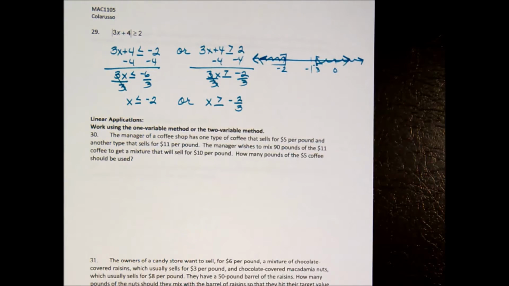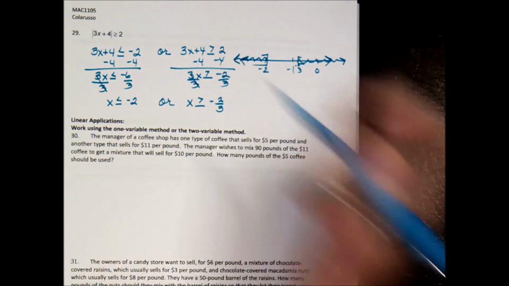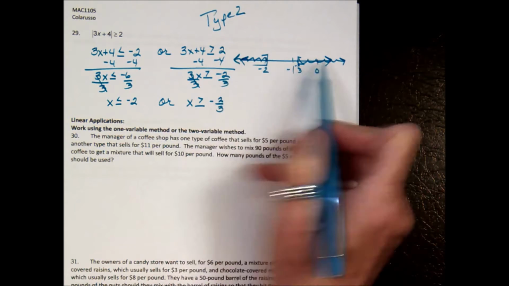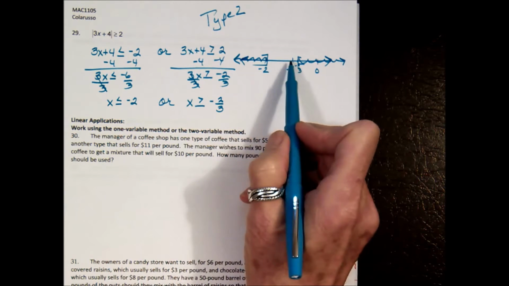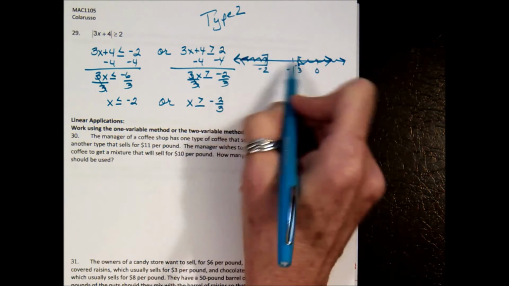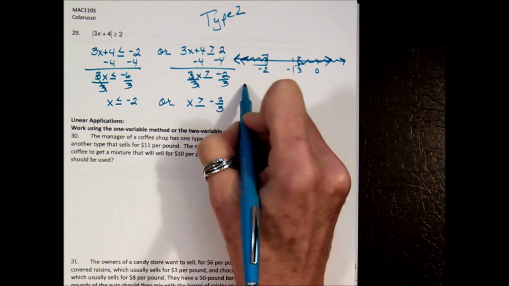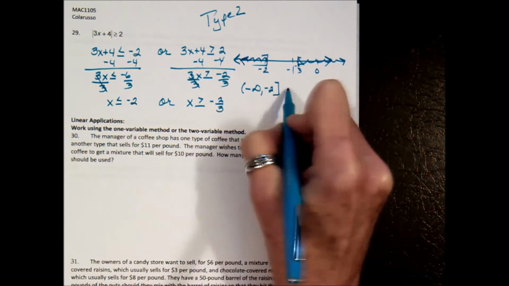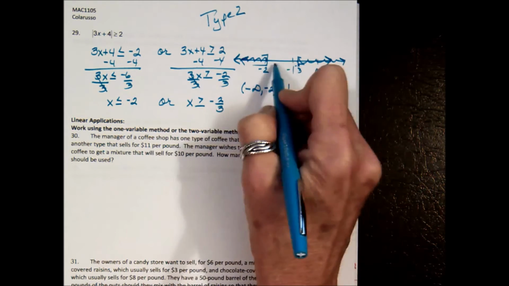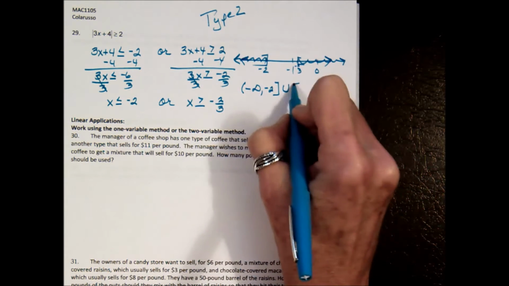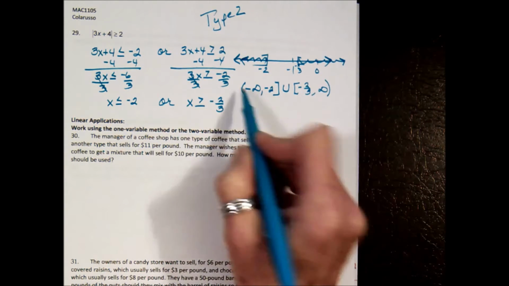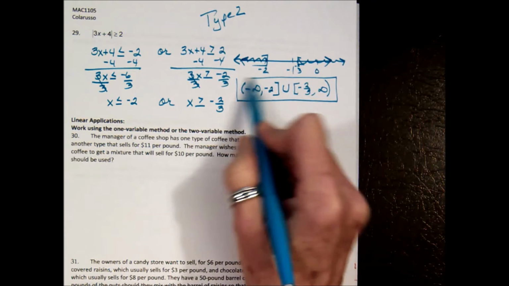So this is a type 2, and on a type 2, you've got the outsides, not the middle. So when I write my interval, it goes -infinity to -2 included, union, because there's a big hole there, union -2/3 to +infinity. And this is the hardest part about a type 2, other than setting it up.